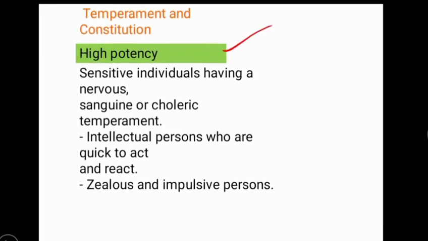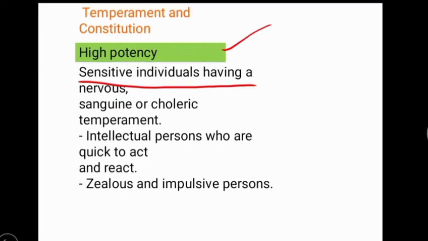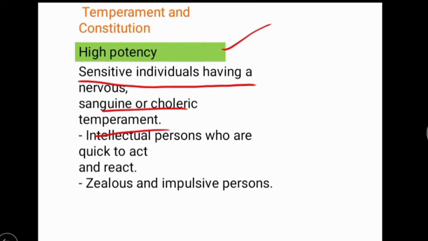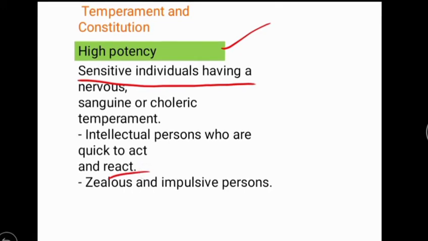In which type of individual do we give high potency? Those individuals having a sensitive, nervous, sanguine or choleric temperament, and those who are intellectual, meaning intelligent and quick to act and react, and the jealous, impulsive person.